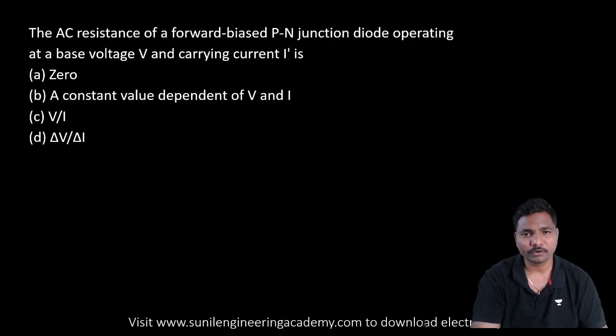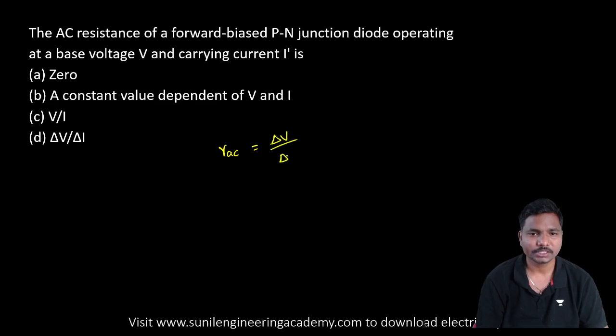The AC resistance of a forward bias PN junction diode operating at bias voltage V and carrying current I is dash. The AC resistance is equal to change in forward voltage by change in current.